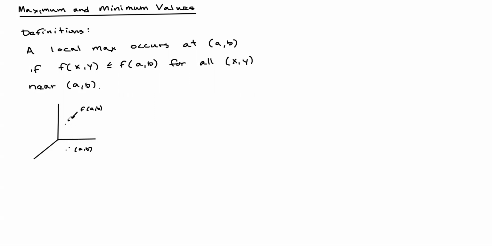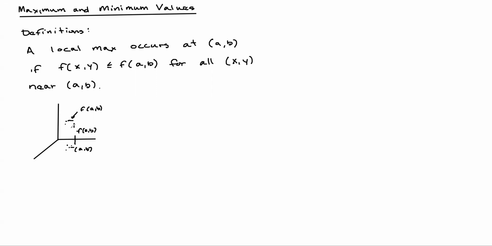So if this distance here from here to here is f(a, b), then the distance from here to here is going to be less than that, all right? So the output is smaller. And if you pick a point here, then that's going to produce an output that's smaller.